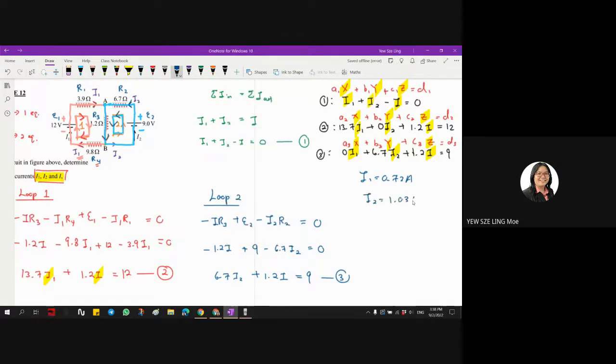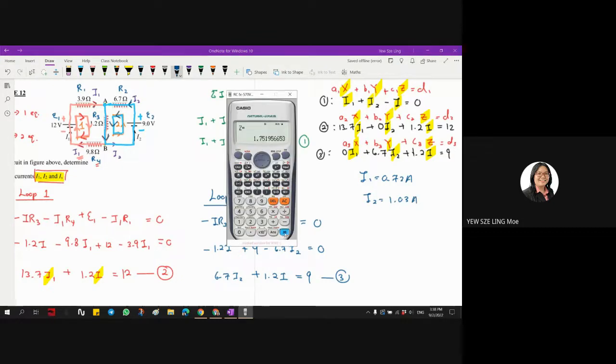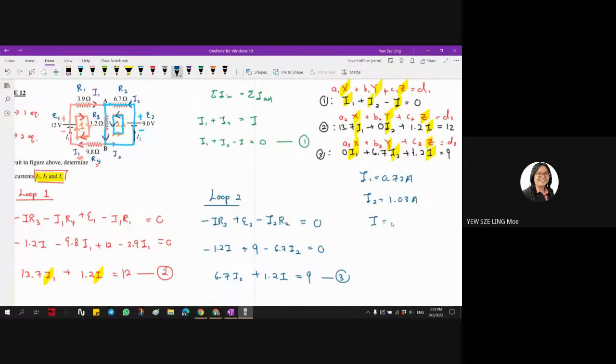And then you enter one more time. It's a Z. Z is an I in your equation. So you have 1.75A. So I is equals to 1.75A. Now, as you can see, straight away you obtain the values for all three of them.